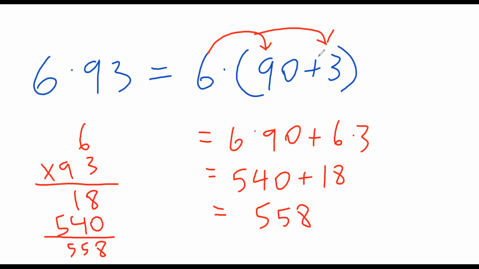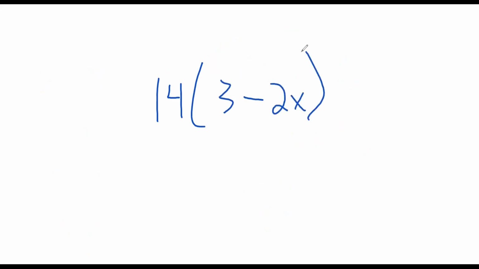We'll do one more example with the distributive property, and we'll bring a variable into it. No, let's make it more interesting. 14, and then in parentheses, 3 minus 2x.